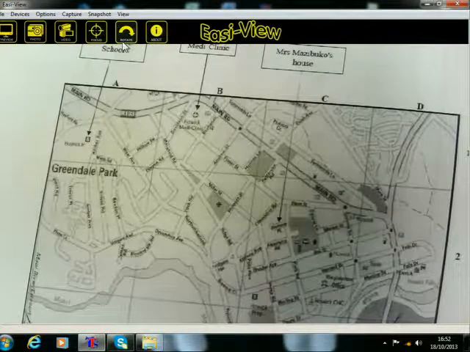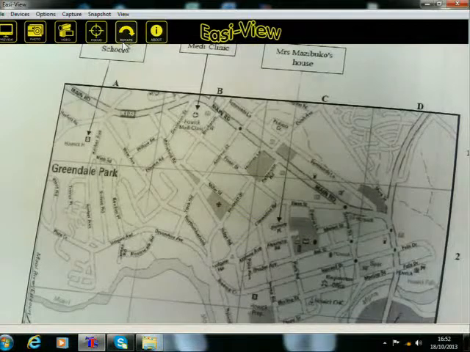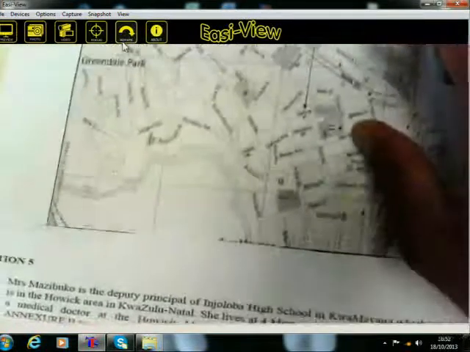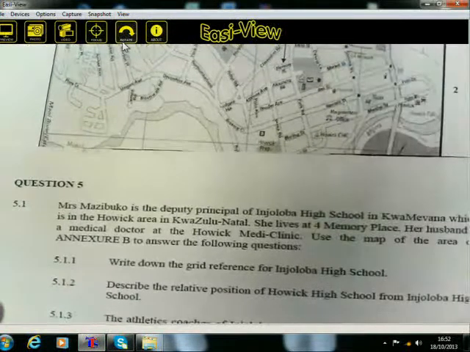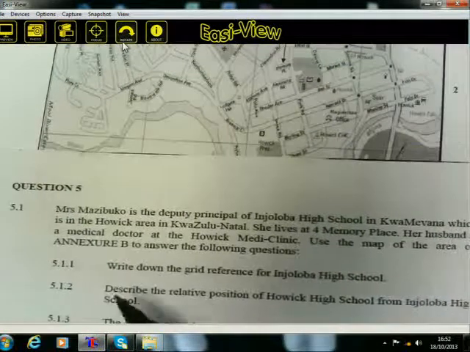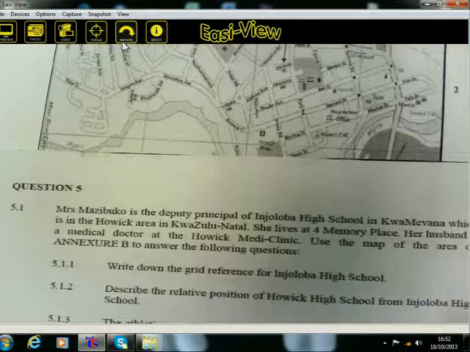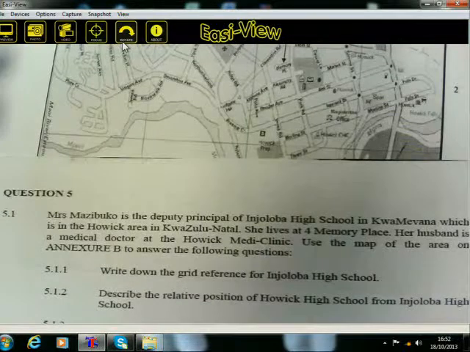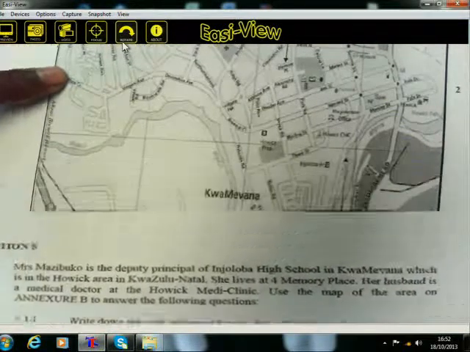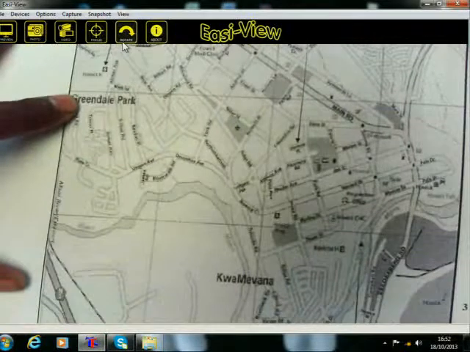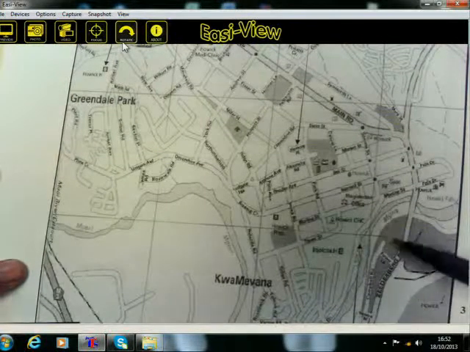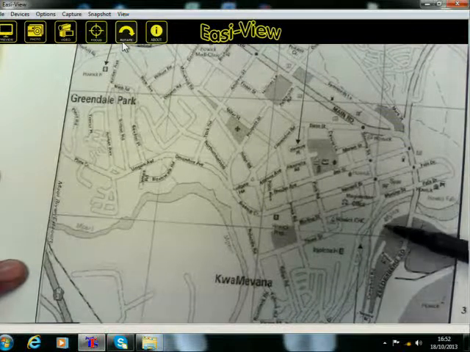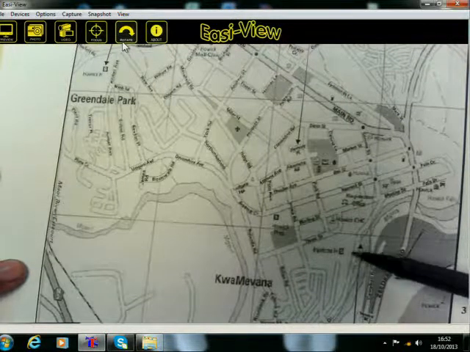5.1. Write down the grid reference of Njoloba High School. Here is the entrance of Njoloba High School.